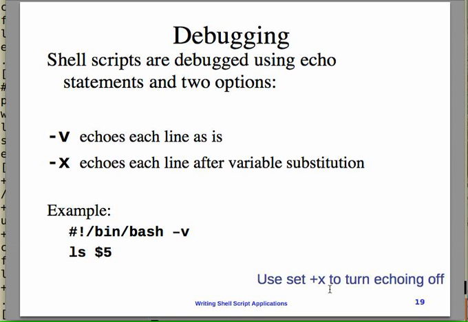If you know your error is at a certain point in your program, you say set -x to turn on echoing, and then set +x a few statements later to turn echoing off, so you don't get massive amounts of output from a script.